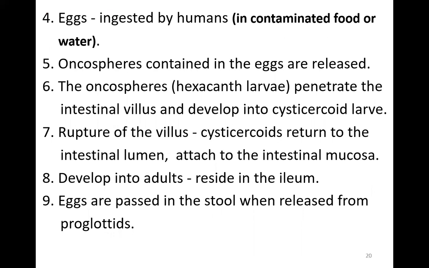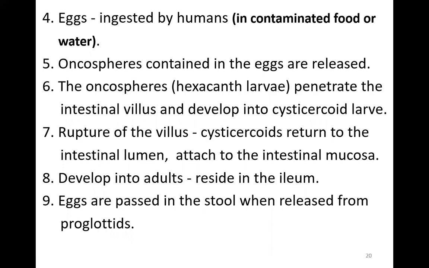Eggs which are passed in the feces, ingested by human beings in contaminated food or water, release oncospheres contained in the eggs, and this is a form of auto-infection. The oncospheres, that is hexacanth embryo or hexacanth larvae, penetrate the intestinal villus and develop into cysticercoid larvae.